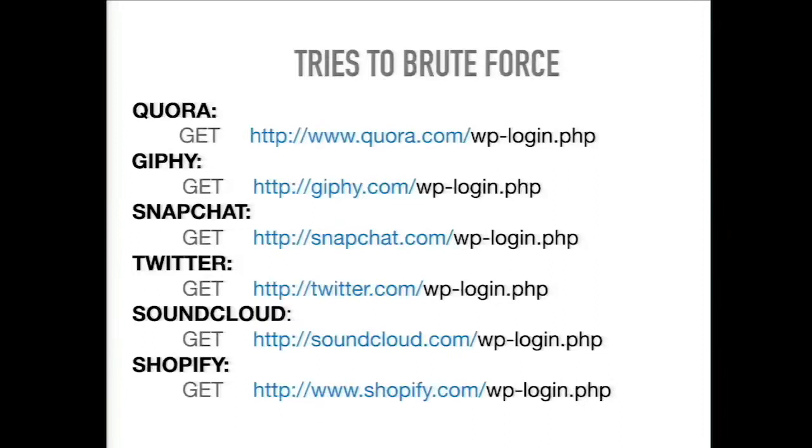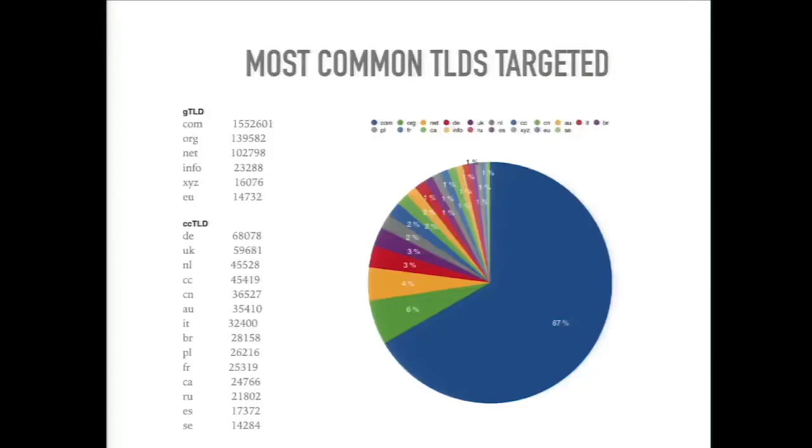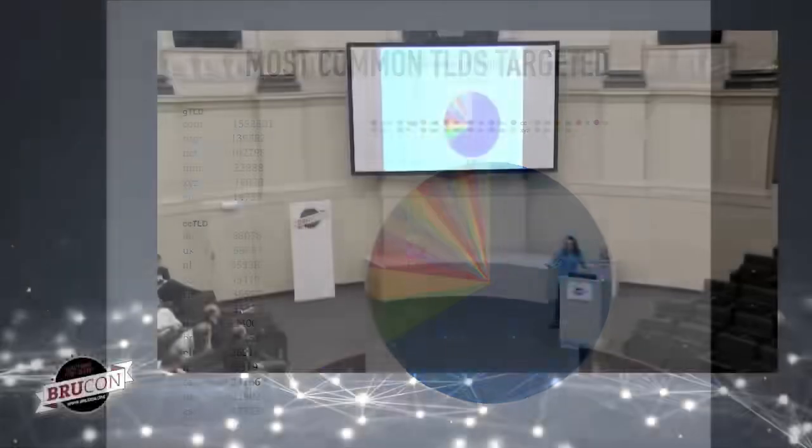The bot is also trying to brute force everything. It's not avoiding famous sites. It's probing Quora, Giphy, Snapchat, and even Twitter to see if they're running on WordPress. We were curious whether the attack targets a particular country, so we did a breakdown of the top-level domains, and the attack is global, because no particular country stands out.